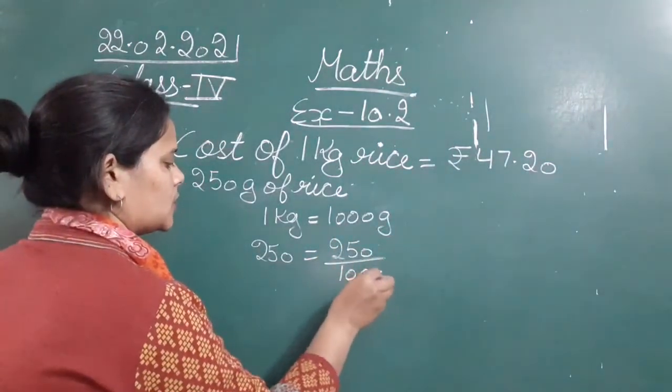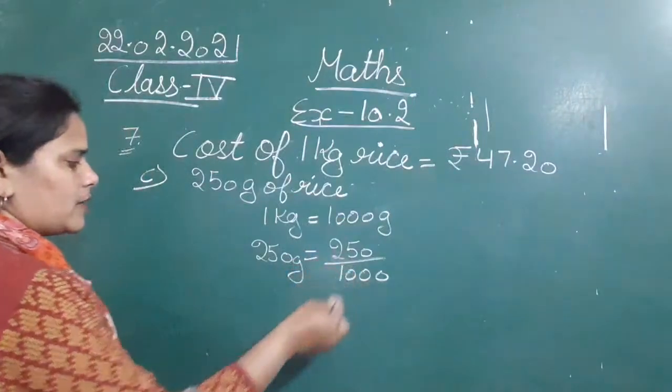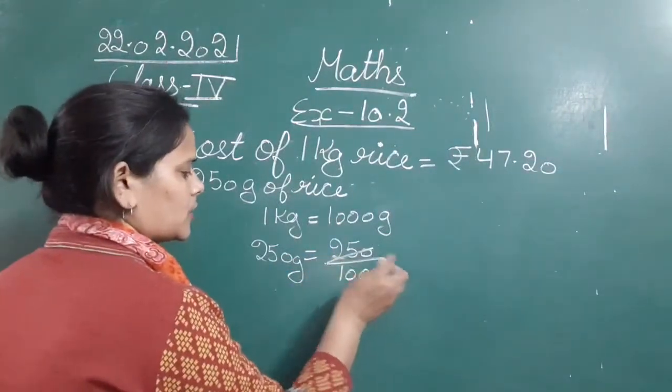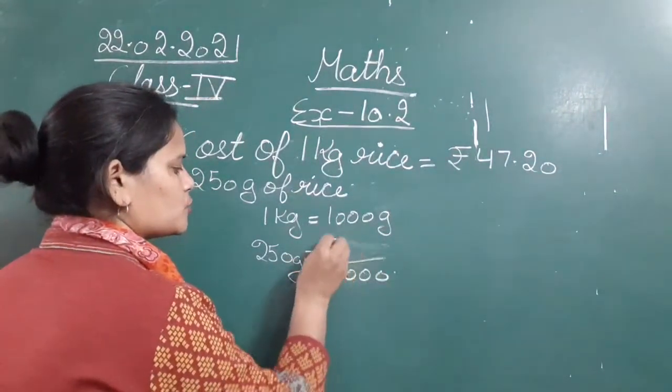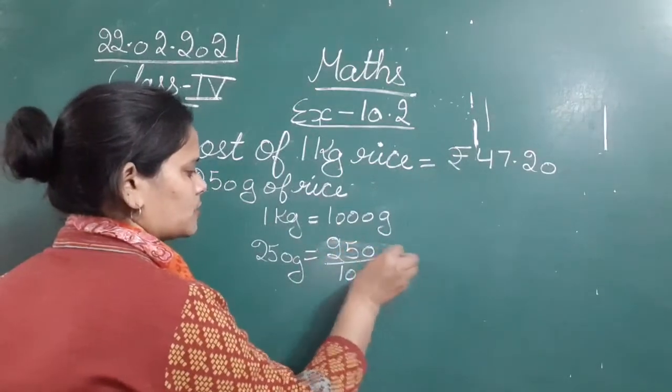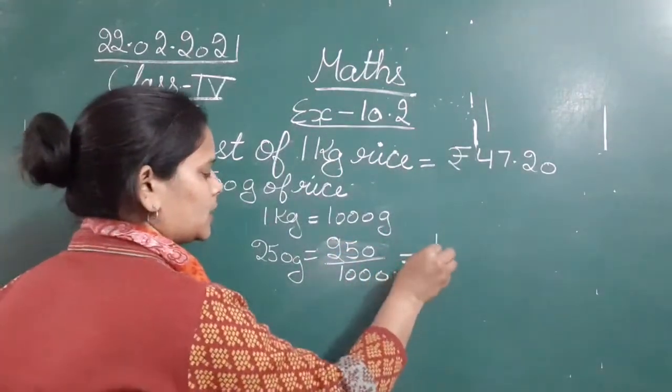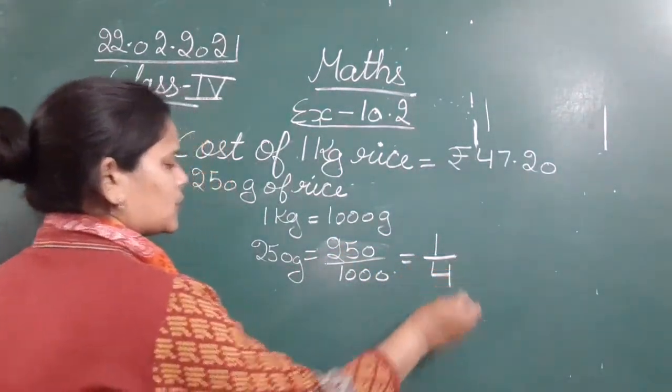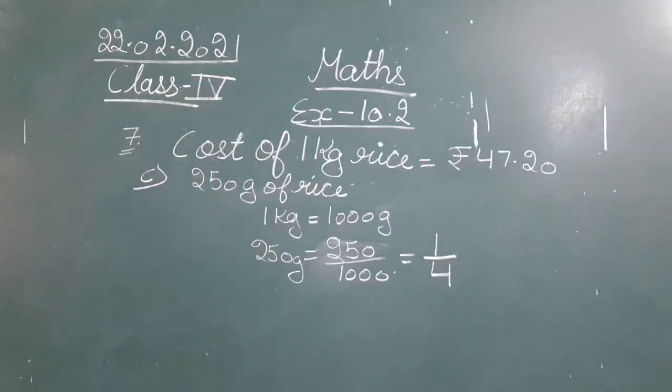So 250 divided by 1000. इसको आप divide करेंगे बेटा. So 250 divided by 1000 will be 1 upon 4. जब आप इसको divide करेंगे, 250 gram is 1/4.